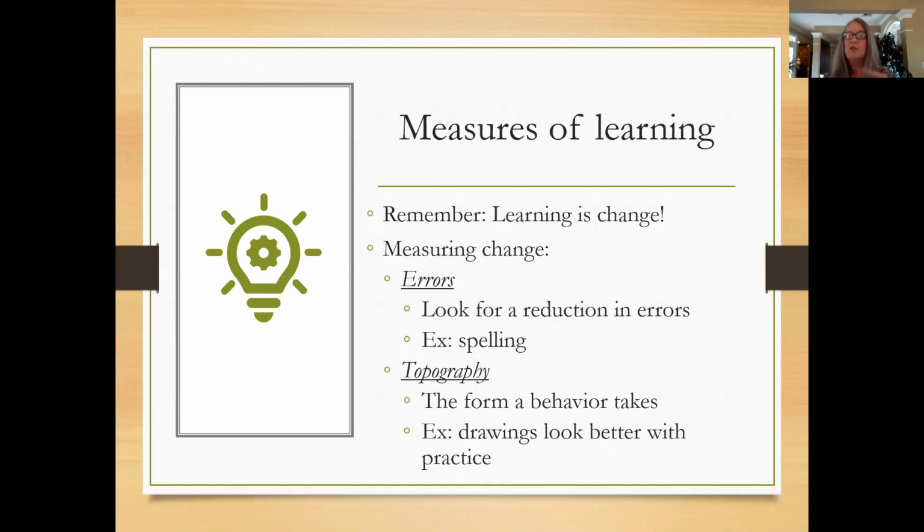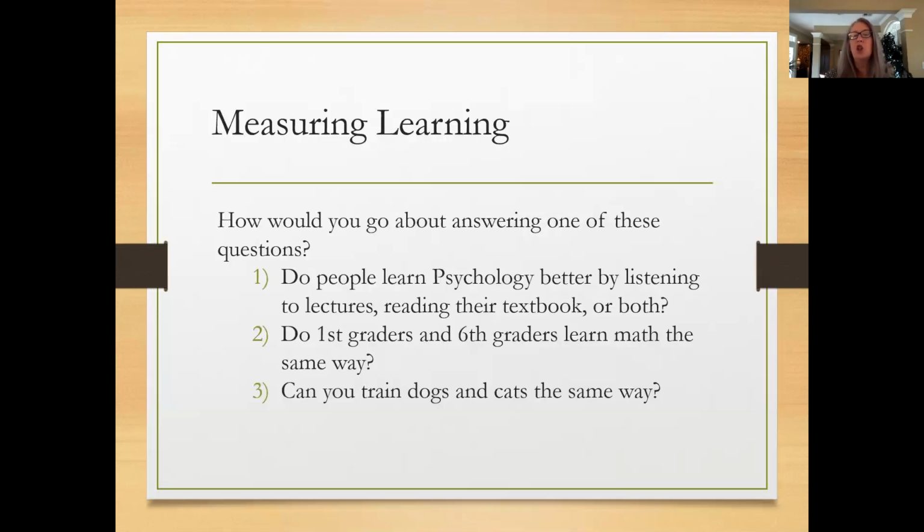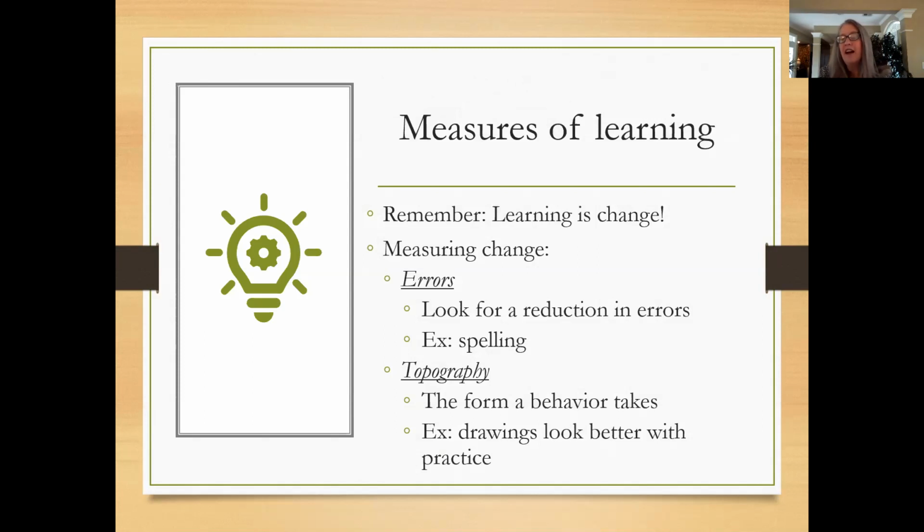So as you designed those experiments for those 3 questions, one of the things that you had to do is figure out, how are you going to measure these things? So for one of the questions, do people learn psychology better by listening to lectures, reading their textbook, or both? You had to figure out, how are you going to measure learning psychology? Because if you're saying one group is doing better than the other, how are you measuring to know what's better?